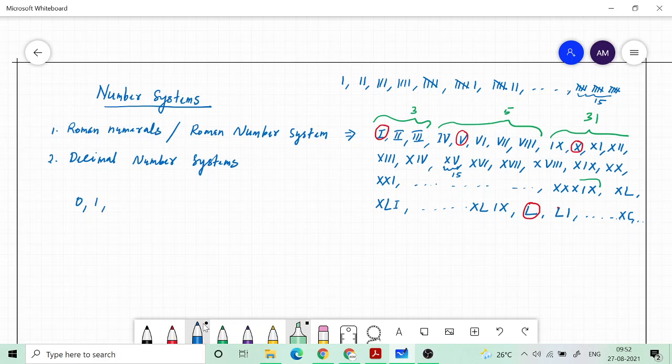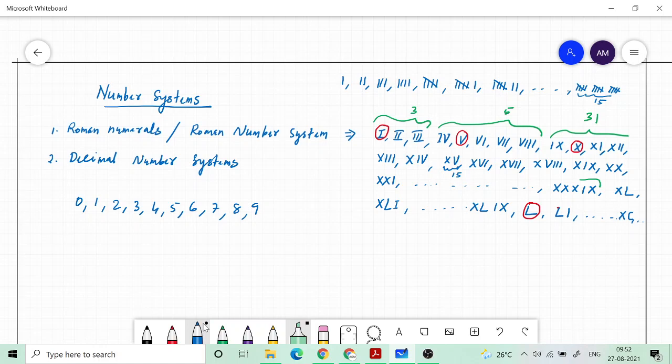So we have 0, 1, 2, 3, 4, 5, 6, 7, 8, 9. So these are the 10 symbols. We no longer require any more symbols. So with just 10 symbols we can represent any large number. So that is the advantage.